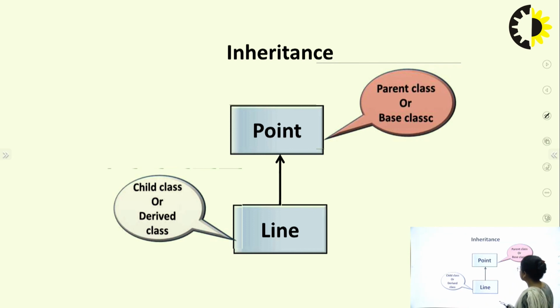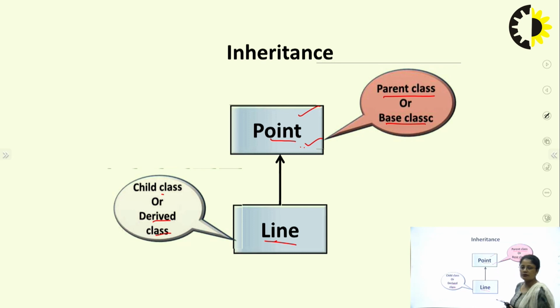In this case, say we have a class named point, and we have a class named line. So whatever is there in the point class, we are basically saying that the line class is a child class or a derived class which is inheriting from the parent class or the base class. What does it mean?